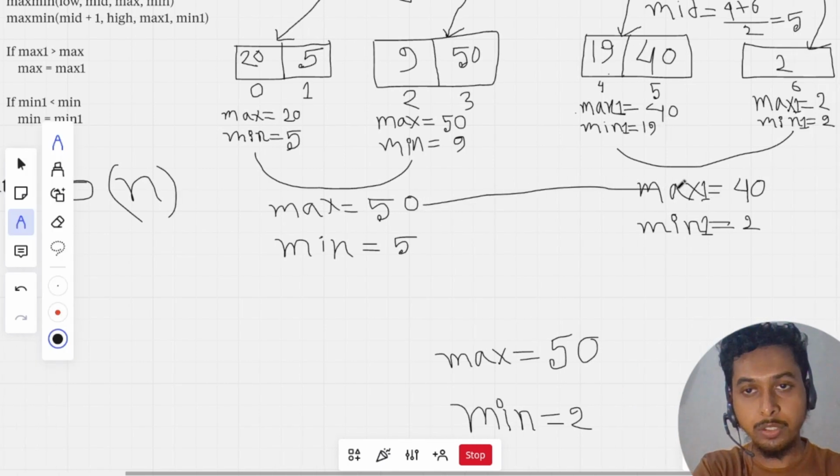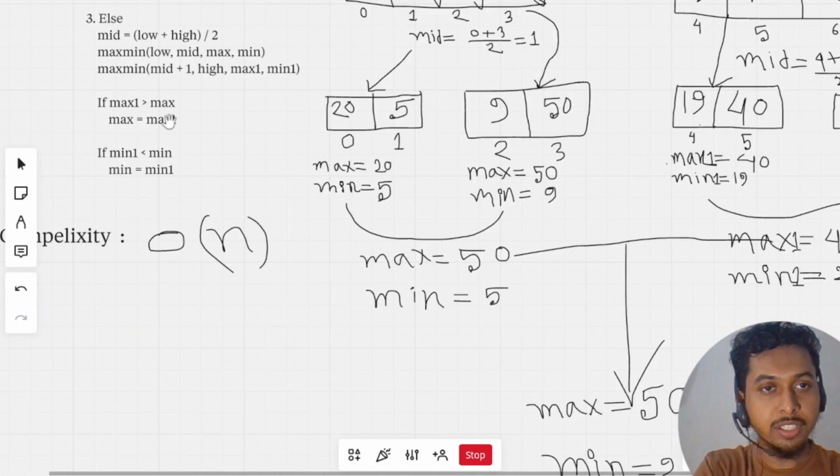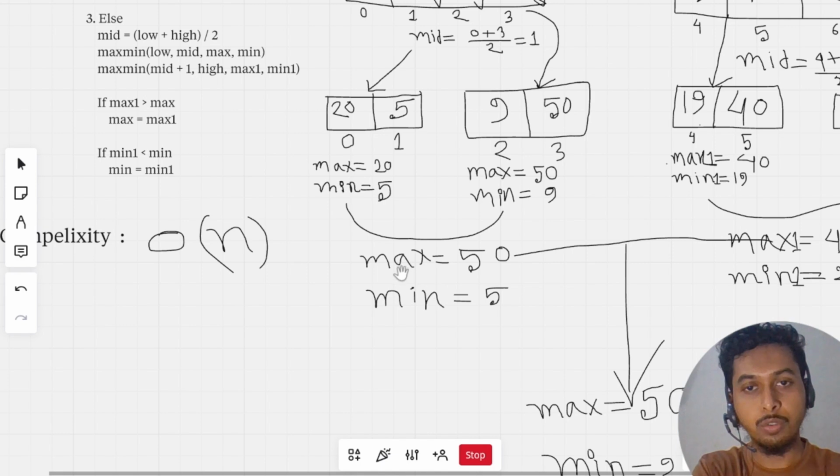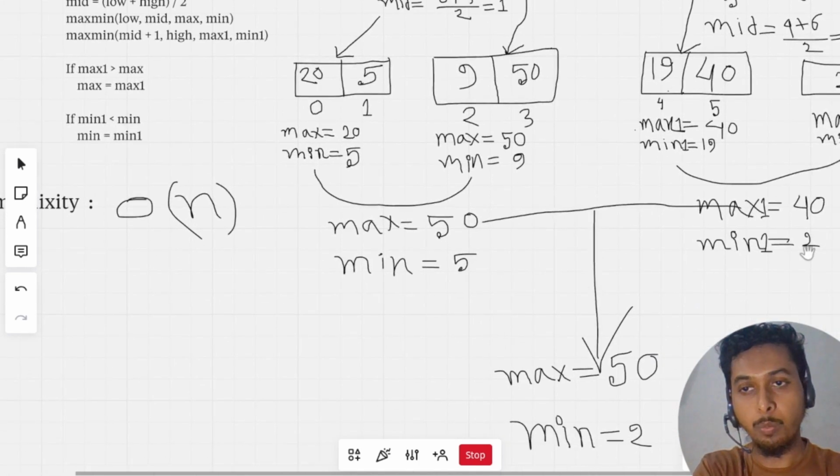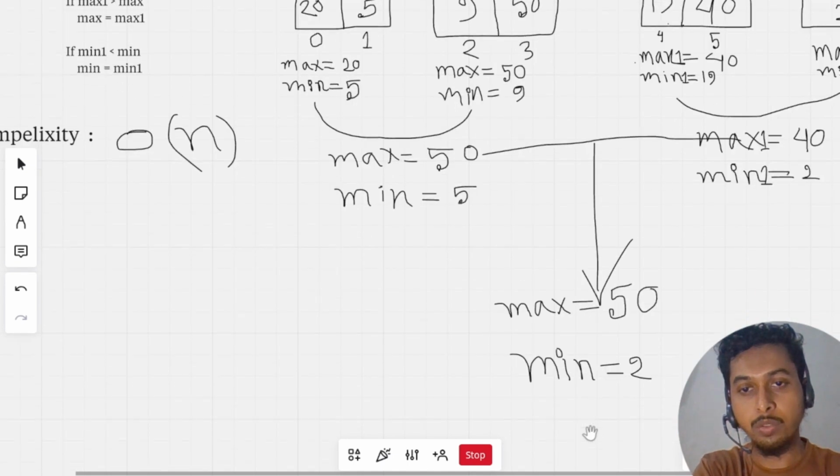In the two elements, 50 is max, so max equals 50, and we check this condition: max1 greater than max? No, so max stays 50. And if min1 is less than min, see which is smaller, min1 is smaller, so min equals min1.